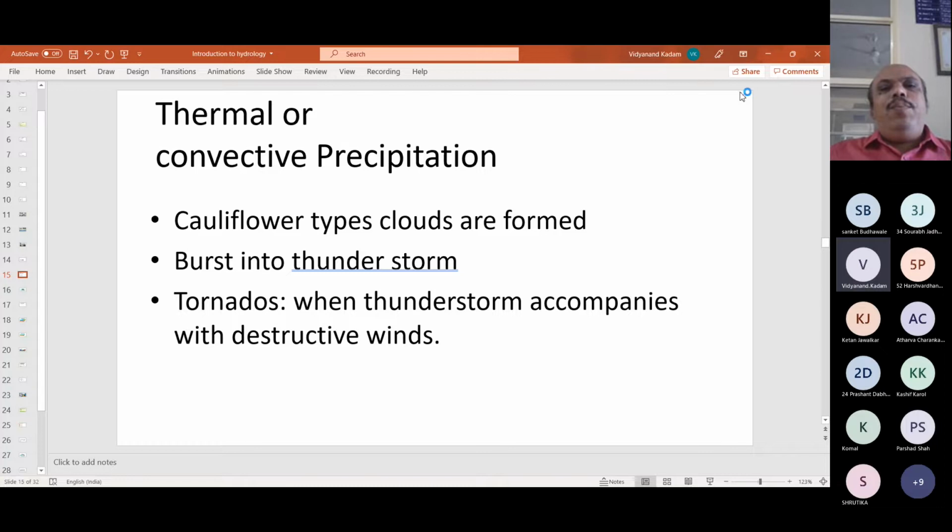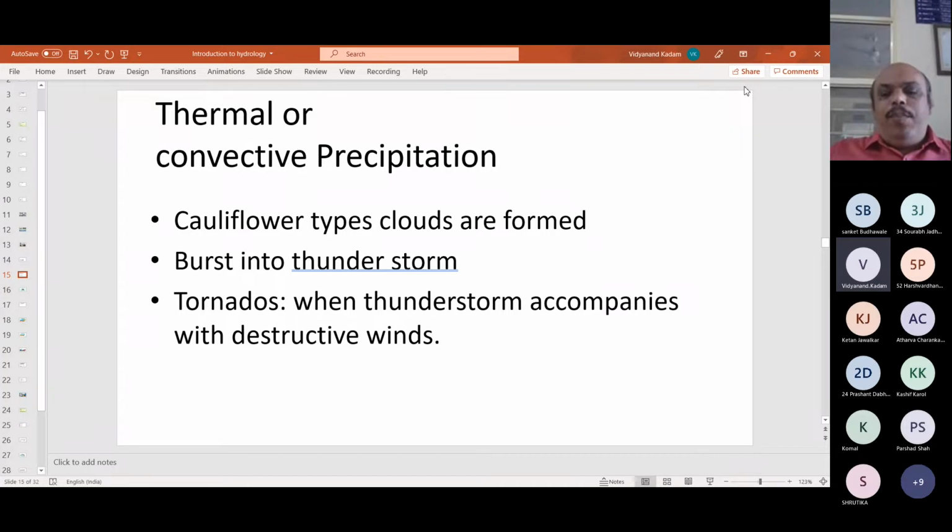This type of precipitation is generally observed near the equator, where the sun rays are nearly vertical, and that's why the surface gets heated. From the morning to the afternoon, this heating of the surface takes place, and in the evening, a thunderstorm takes place. Sometimes when these thunderstorms are accompanied by destructive wind, it is recognized as a tornado.